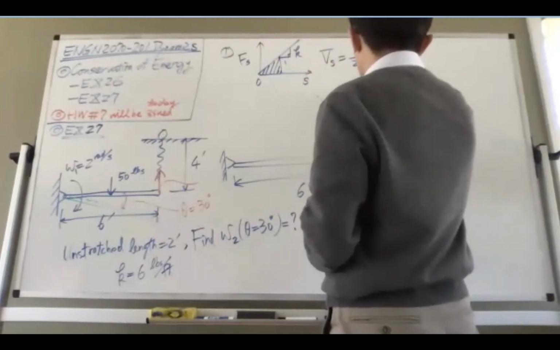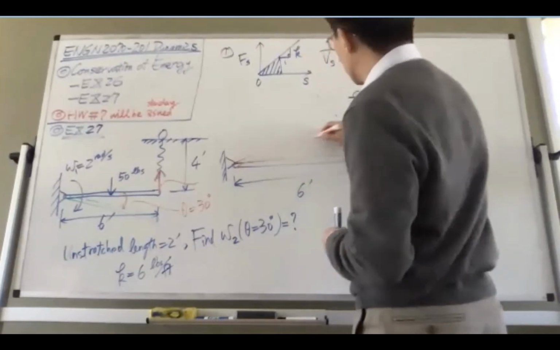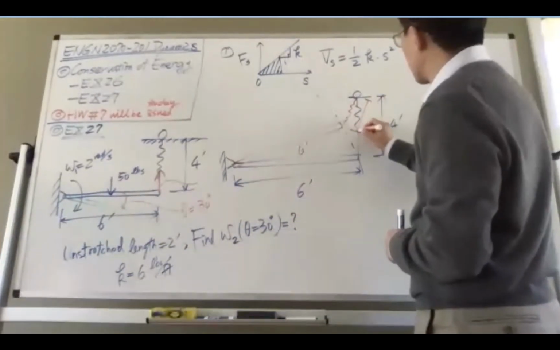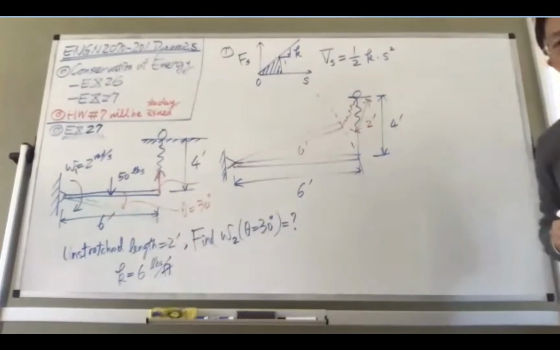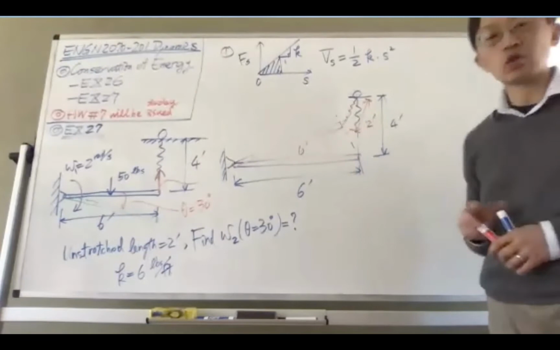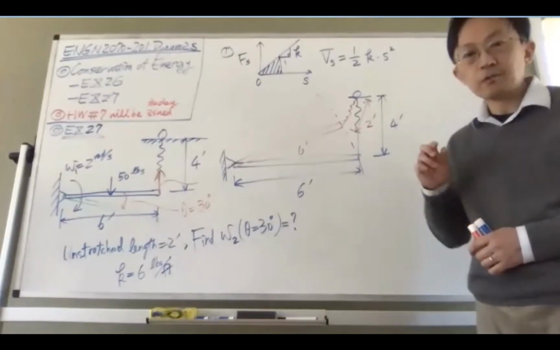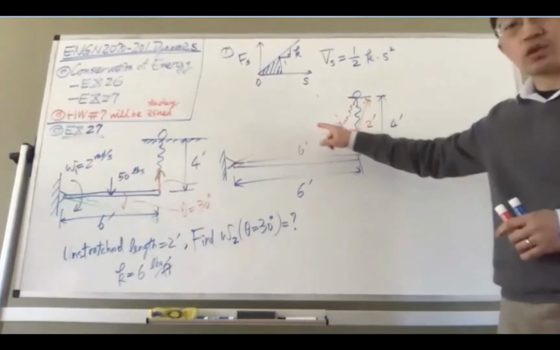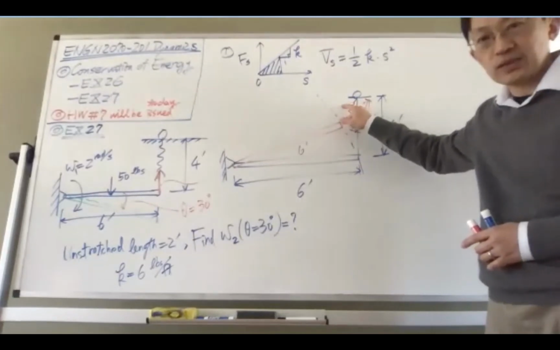When the spring is connected to here, we have 6 feet here, and this length will become 2 feet. This is the initial position of this bar, before you introduce any spring force, which is also the position when the spring is unstretched.